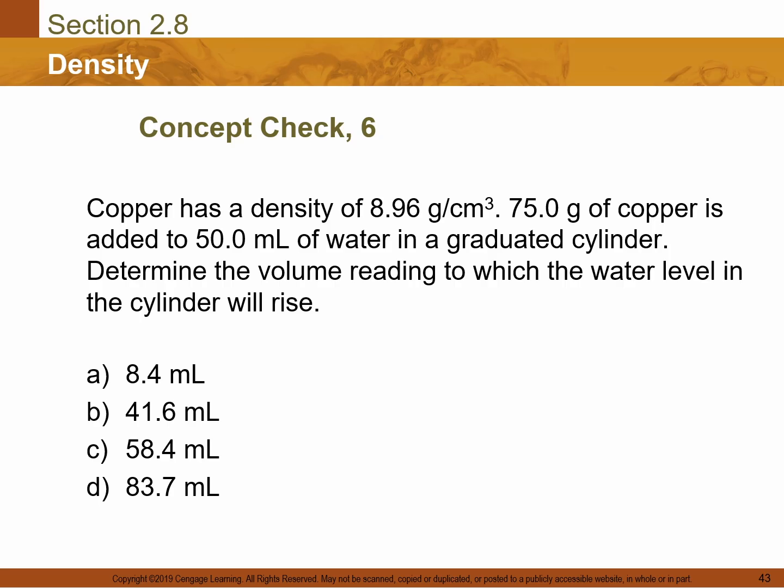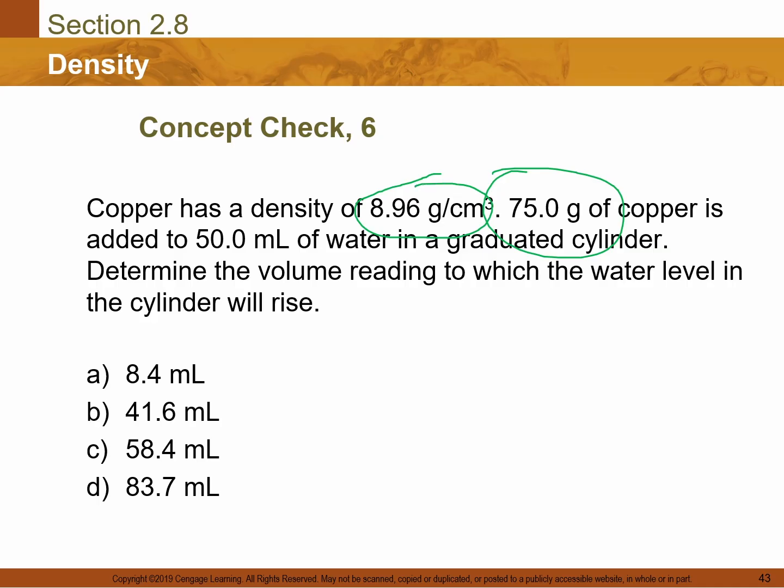Let's move on. And here is our last full concept check that is going to combine the displacement and density. Copper has a density of 8.96 grams per cubic centimeter, and 75.0 grams of copper are added to 50 milliliters of water. So we need to first use the density to find copper's volume, and that volume is going to equal the mass divided by density. So if I take the mass, remember mass is in grams, and I'm going to divide that by the density that was given, which is this.